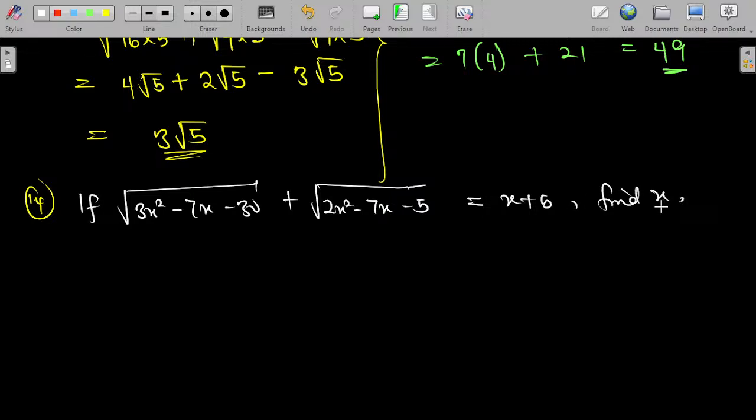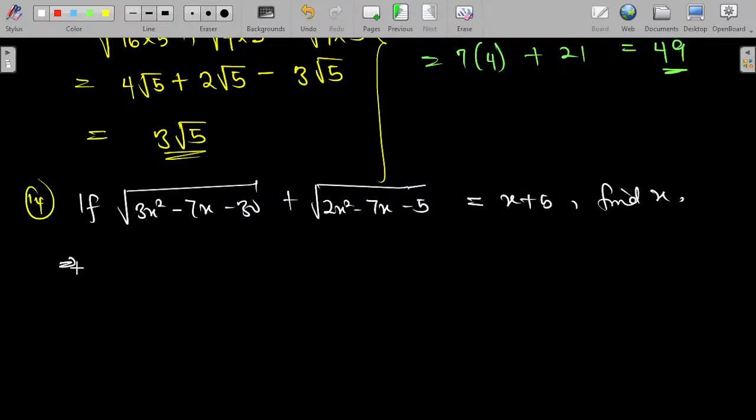Wow, so this is another amazing problem to handle. Whenever you are given two radical terms in an equation, it's always good to move one of the radicals to the other side. Let the two radicals not be on one side of the equation. It will actually be easier to handle that way.